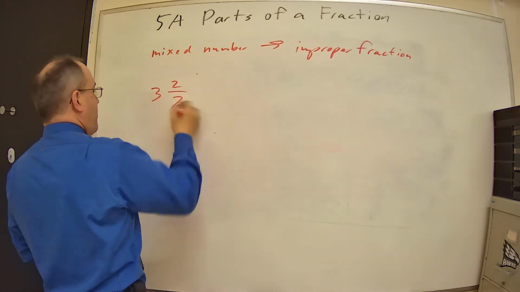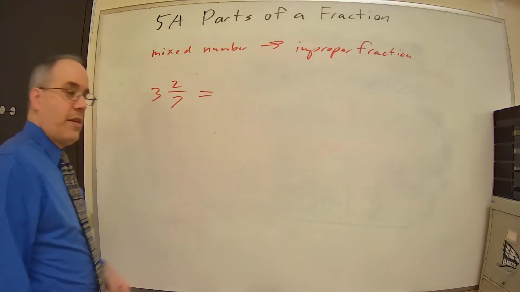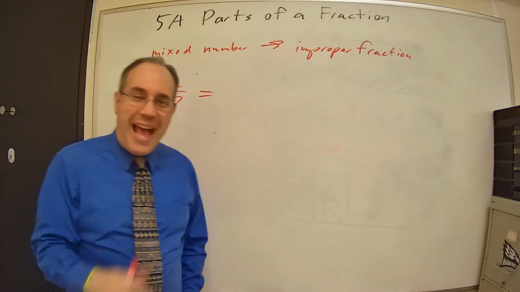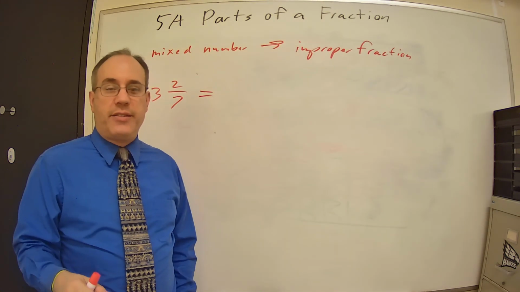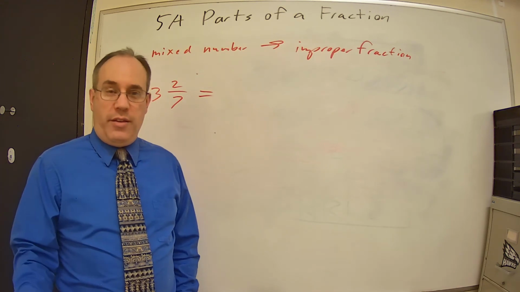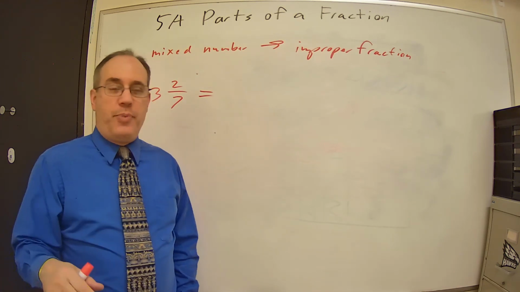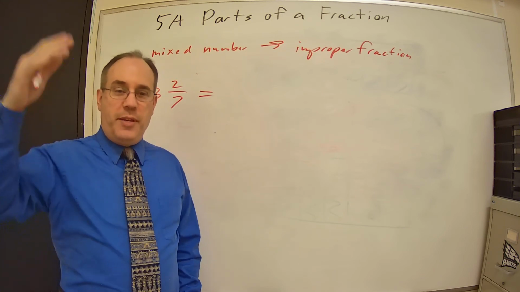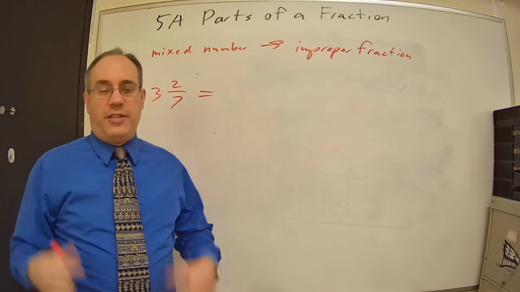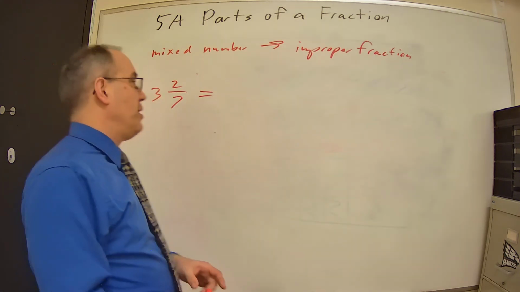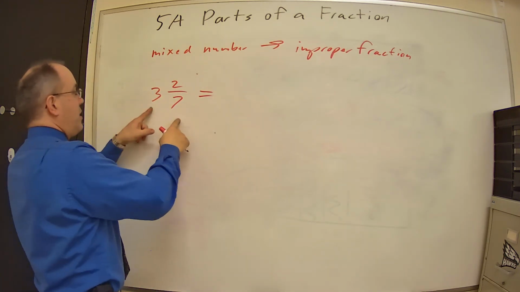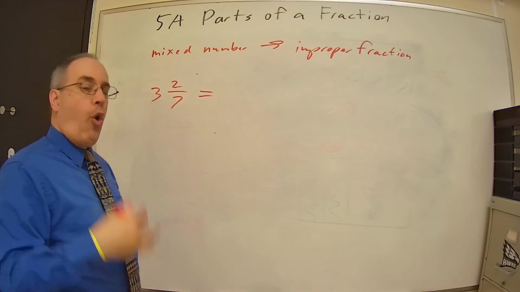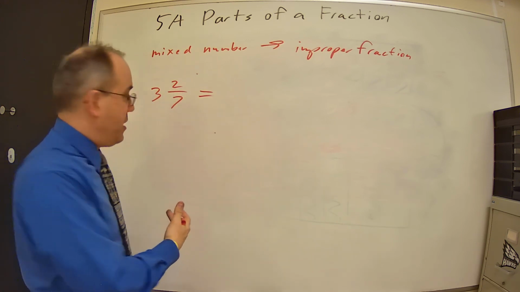3 2/7. Remember what the denominator tells us. It tells us how many pieces it takes to make a whole one. We cut a pizza into 8 pieces, then over 8. However many pieces there are, over 8 tells us how many whole ones we have. So when we're looking at this, there are 7 pieces in each whole item, whatever it happens to be.